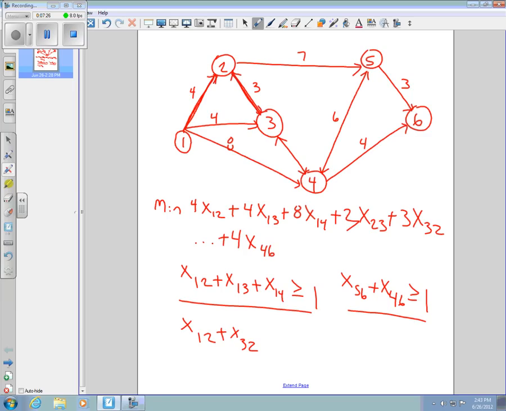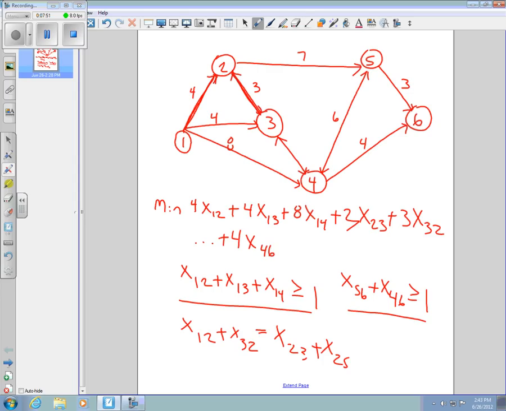So that represents what's going into node 2, and that has to equal everything leaving node 2. So how do you leave node 2? You either go to node 3 or you go to node 5. So we'll say X2,3 plus X2,5.